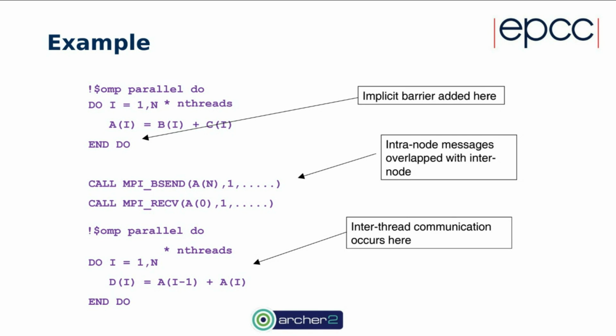That means there are going to be some cache misses, and that's what constitutes the inter-thread communication. Those cache misses occur inside this loop, and they don't overlap with these messages anymore.